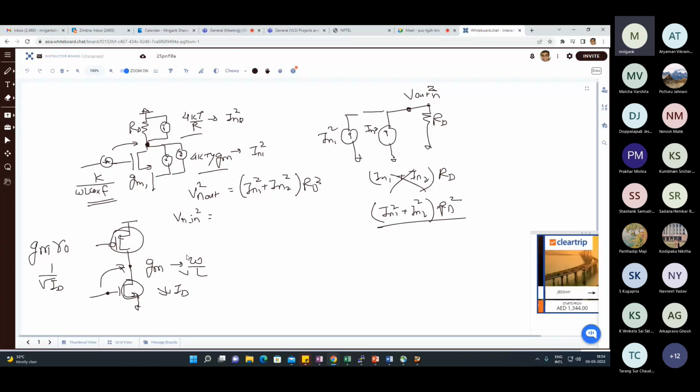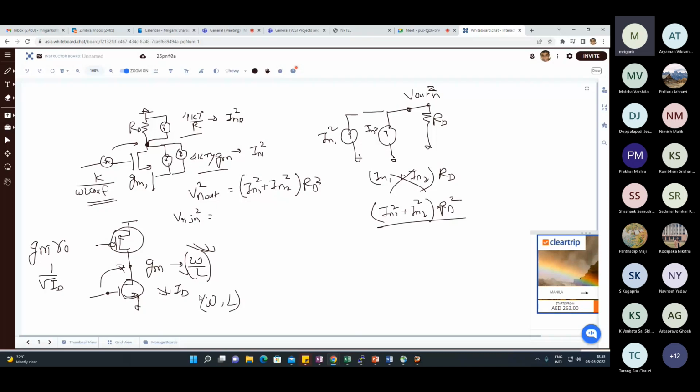The other option is that you increase the W by L, and then in order to reduce the 1 upon f noise, you have to increase W and L both. So first, you increase W by L to get a proper, desirable gm, so that the thermal noise is reduced.